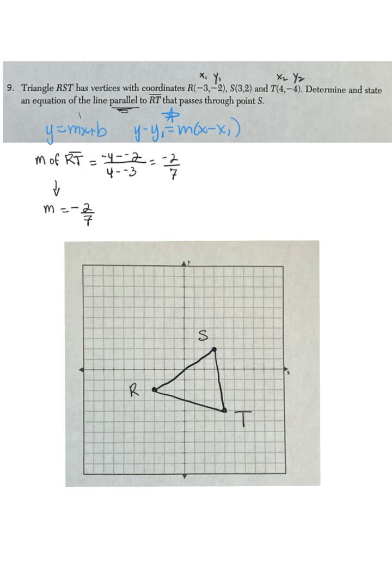Okay, so what I'm going to do is I'm going to kind of cheat a little bit here because I think it'll be a little bit easier. So if I go here, right, because this new line has to pass through point S. So I'm going to point S, and I know the slope is -2/7. So watch, I'm going to go down 2, then I'm going to go 1, 2, 3, 4, 5, 6, 7.